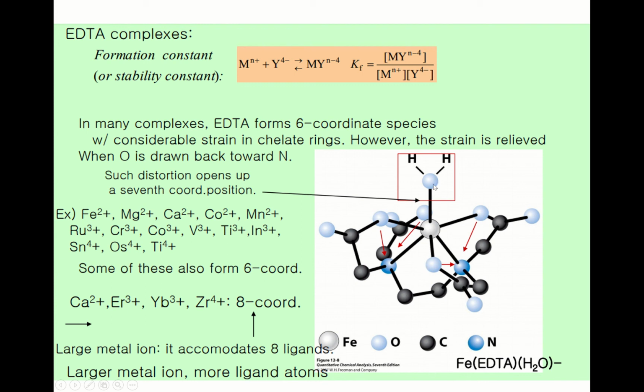One more water molecule now binds to these ions, so they form not hexa, not hepta, but octa coordination compounds. A large metal ion contains eight ligands, not six nor seven. Large metal ion, more ligand atoms.